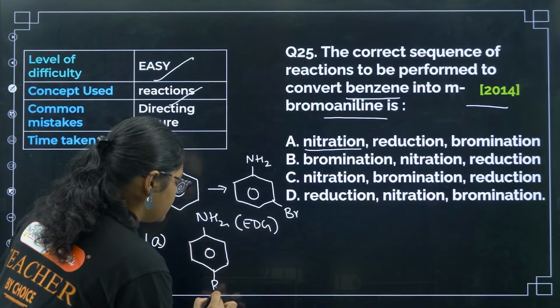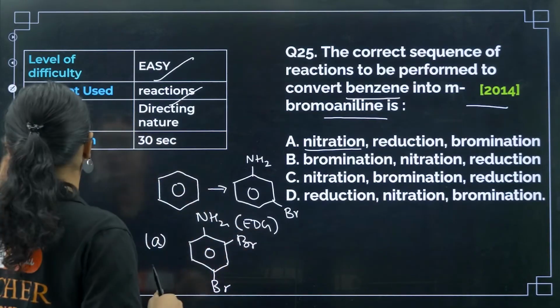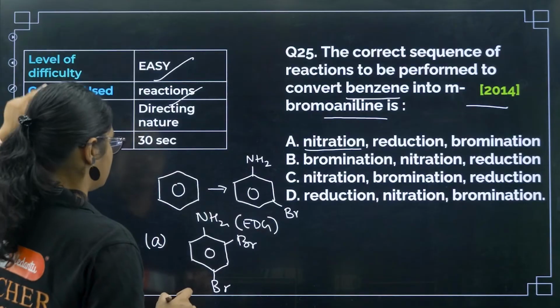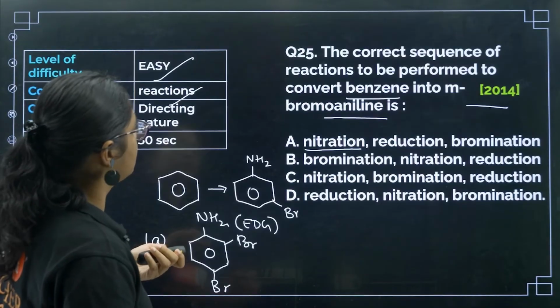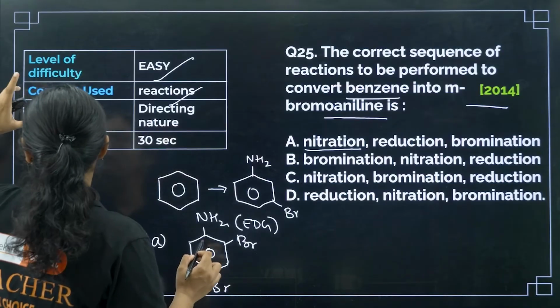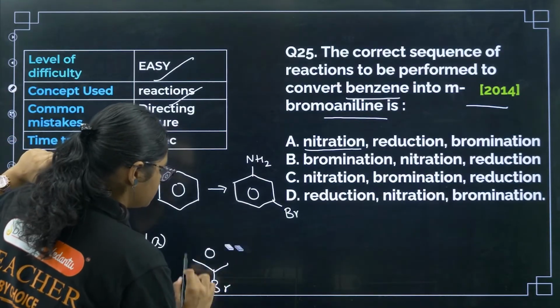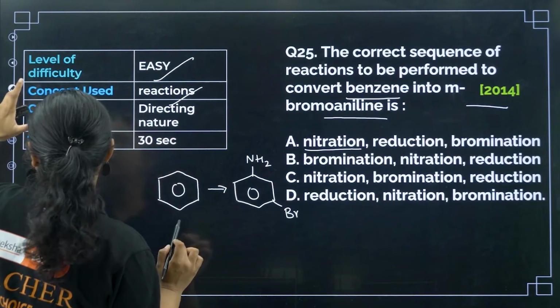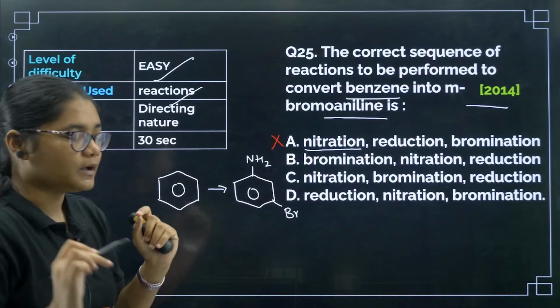We will get two separate products, but definitely not the meta-bromo product. So option A is incorrect, because we will be getting ortho and para bromination.